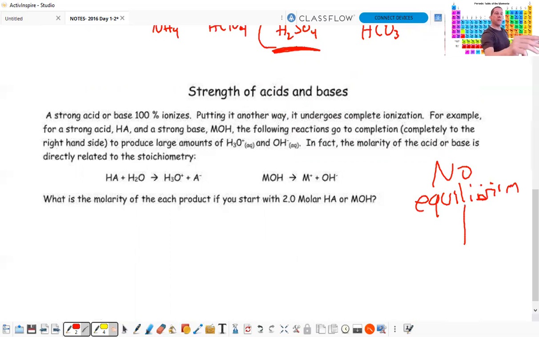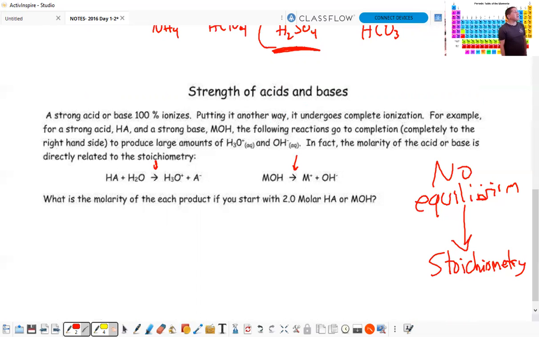And with no equilibrium, we are back with this type of reaction to our stoichiometry, where we can do mole ratios. In fact, the molarity of an acid or base is directly related to its stoichiometry. So we're back to arrows and not equilibrium, double-sided arrows.